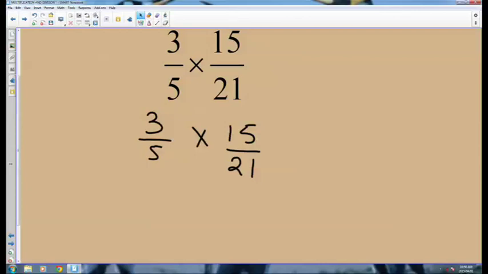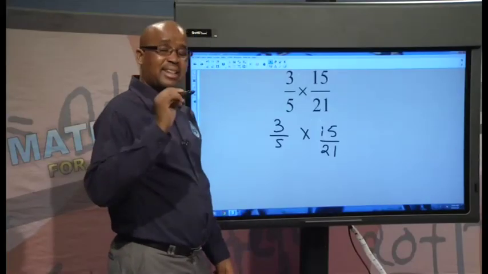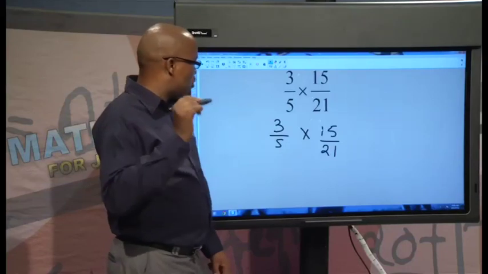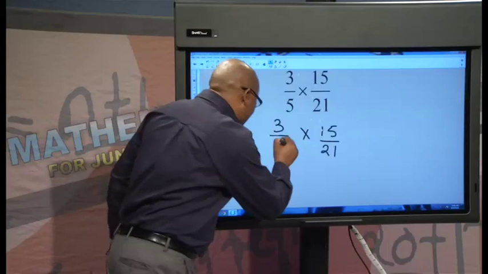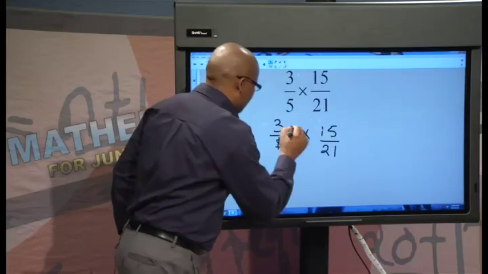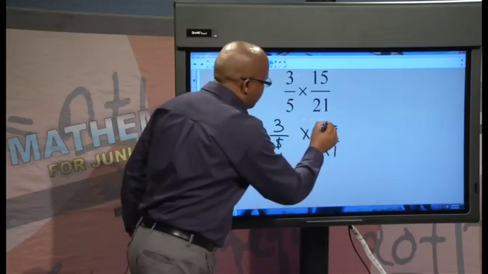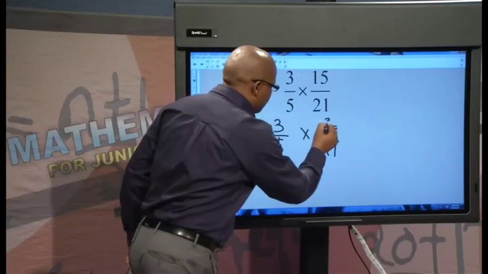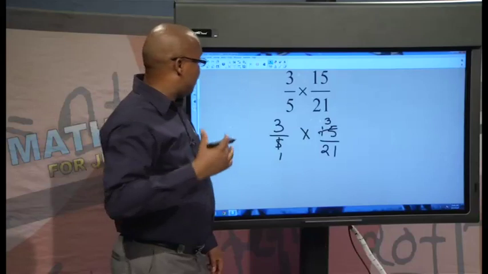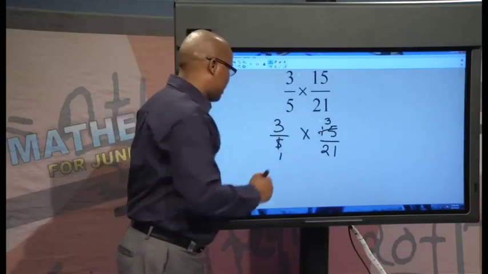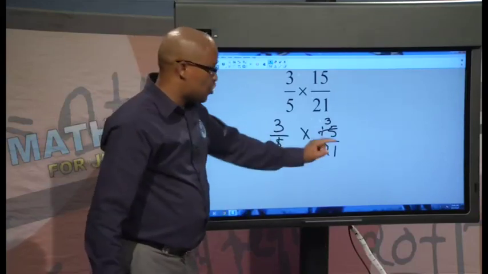When we look into this, we can see that there's a 5 here and then a 15. Remember, you can only cancel a numerator with a denominator. So there's a 5, there's a 15. 5 into 5 is 1, and 5 into 15 is 3. Then check. Are there any other factors that we can use to simplify this? We've got a 3 and a 21.